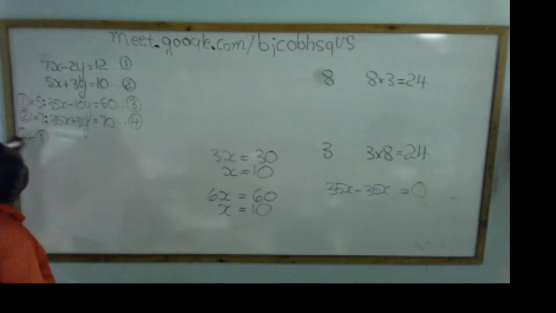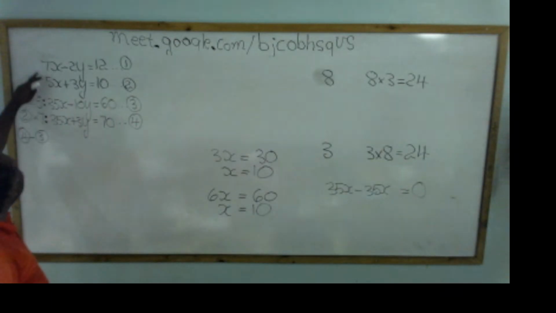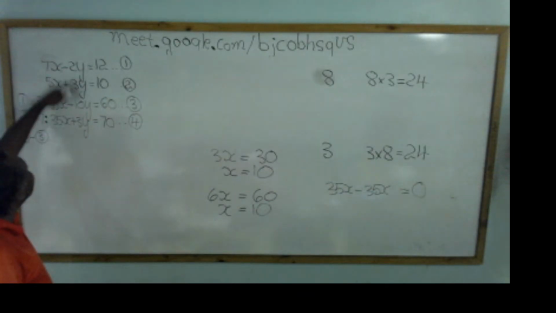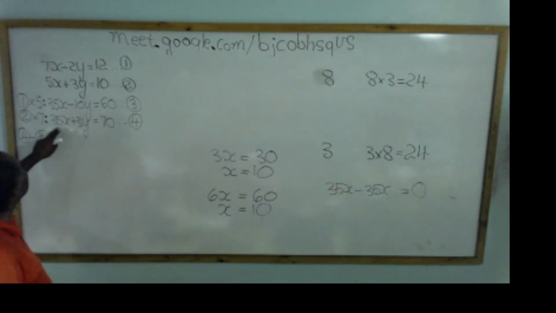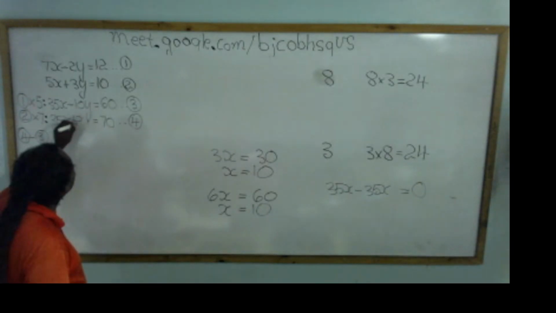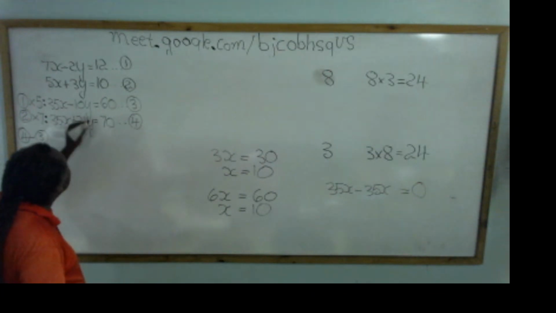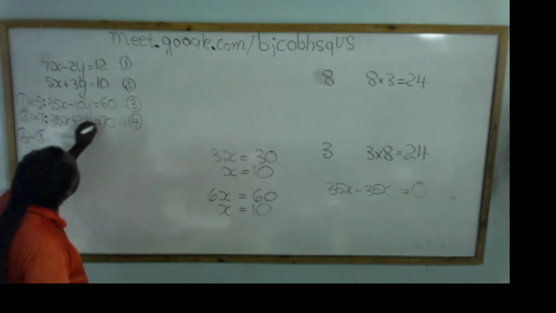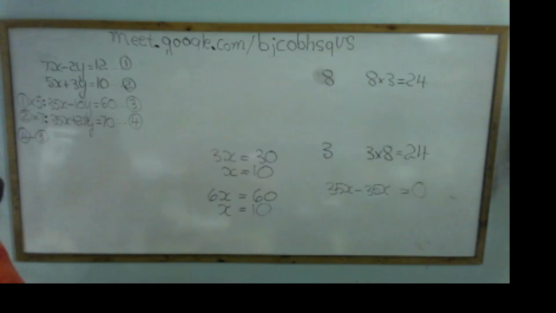Let me look at this. Multiply this by 5, 35, 10. Down here, multiply this by 7. So I'm going to say equation 4 minus equation 3.